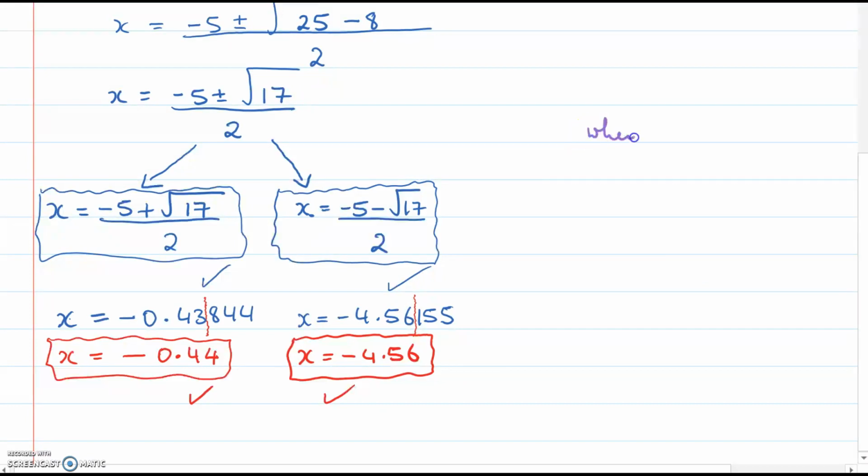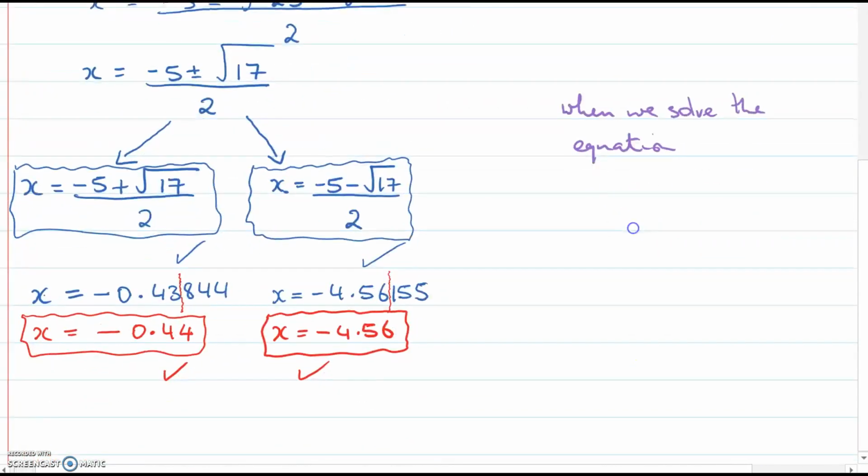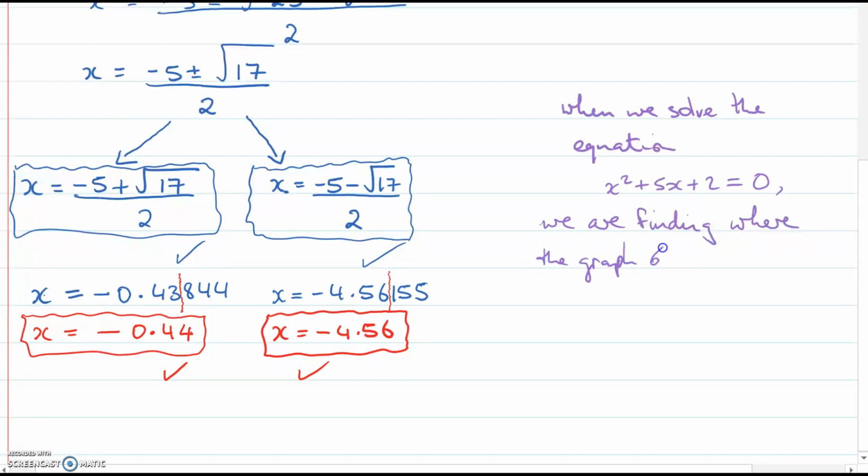So what we're doing here, when we solve the equation x squared plus 5x plus 2 equals 0, is finding where the graph of y equals x squared plus 5x plus 2 crosses, touches the x-axis.